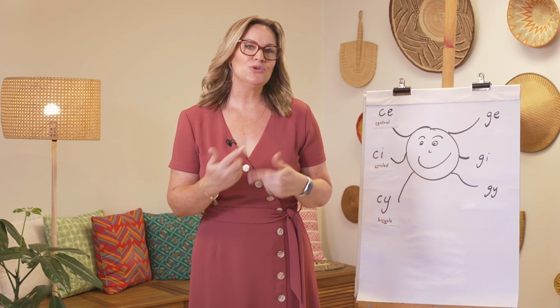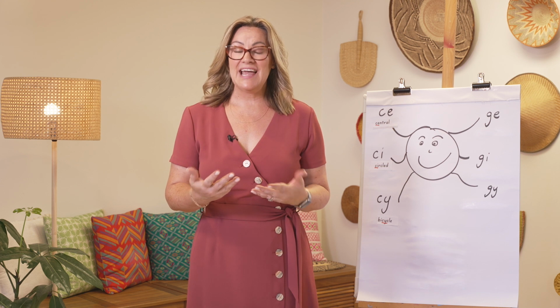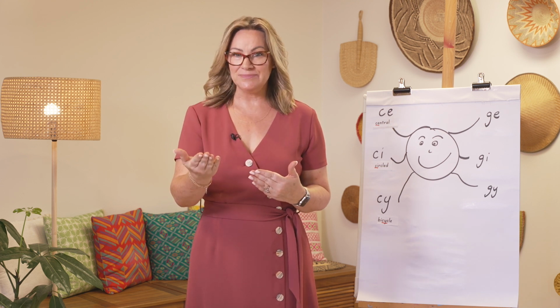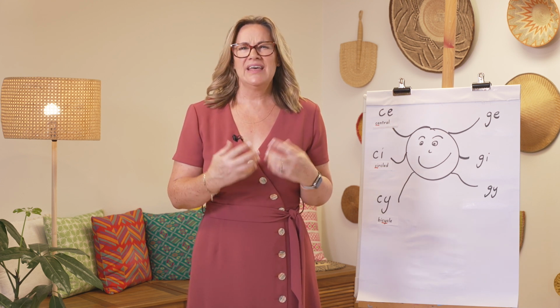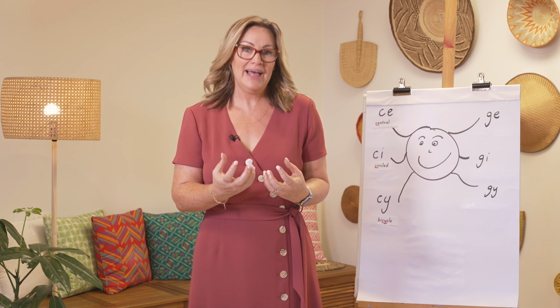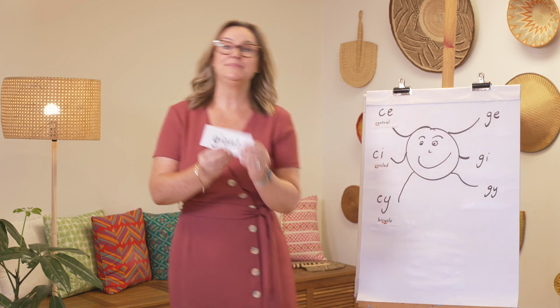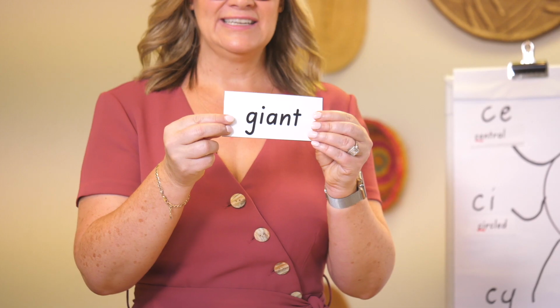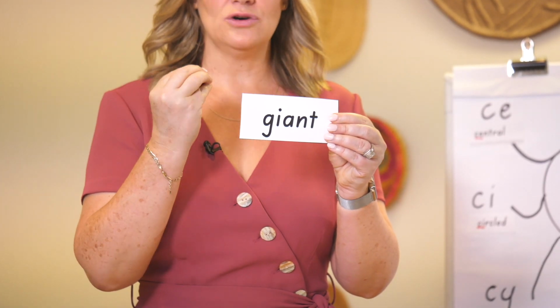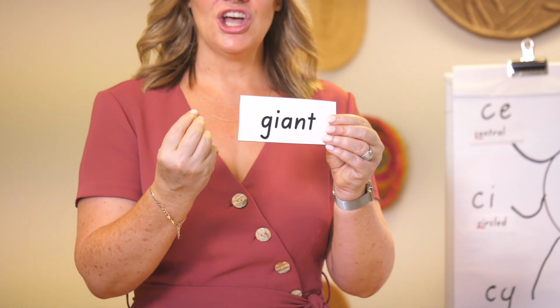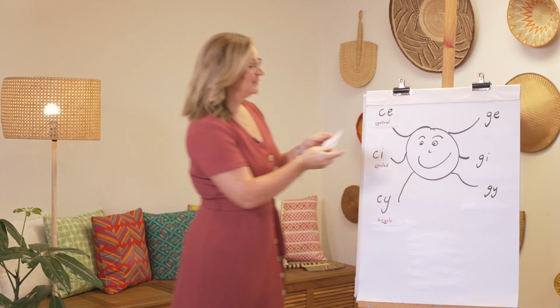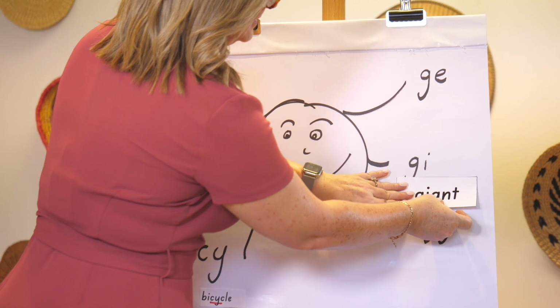Okay, what about over here? Remember, when I show you the word, we'll read it and check our pronunciation and see if it's following the can part of this spelling pattern. Let's start with the word giant. Am I hearing giant or giant? Soft. Over here, giant.